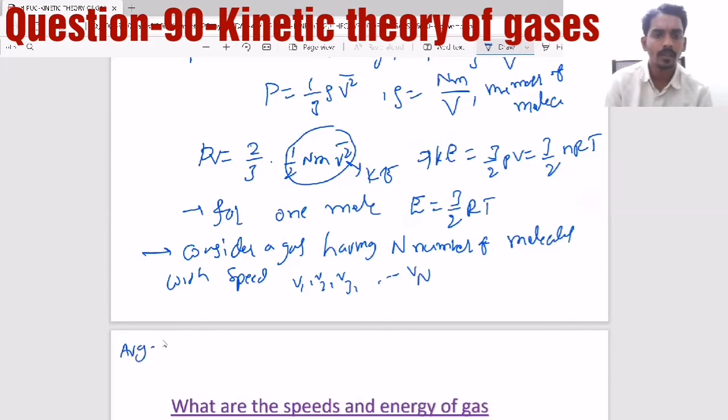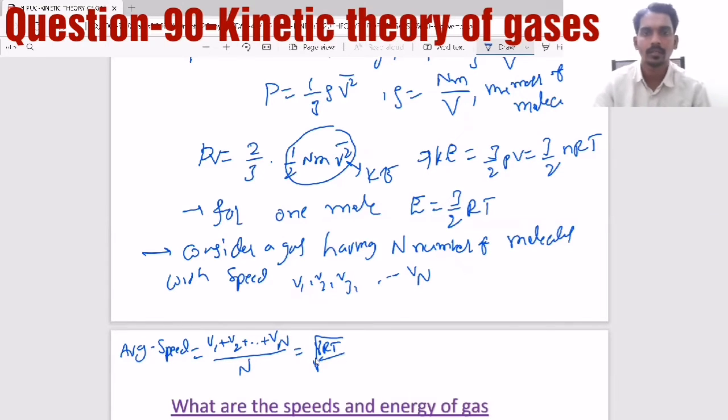Then average speed equals V1 plus V2 plus so on Vn by n, equal to under root 8 RT by pi m.